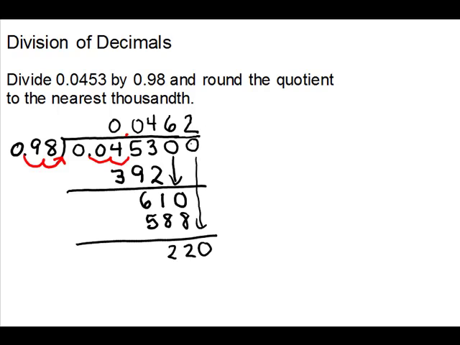Right. Now to round, the 6 is the place you want. You look 1 digit to the right. 5 or higher, we would push the 6 up to a 7. Since it's lower, we will drop it off. So our answer is 0.046, and that is rounded to the nearest thousandth.